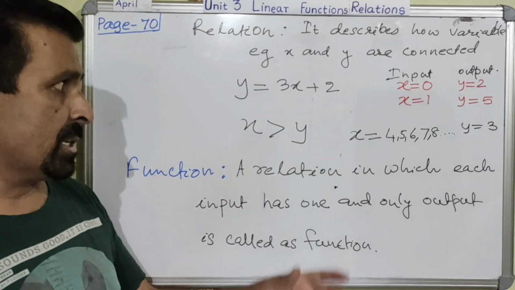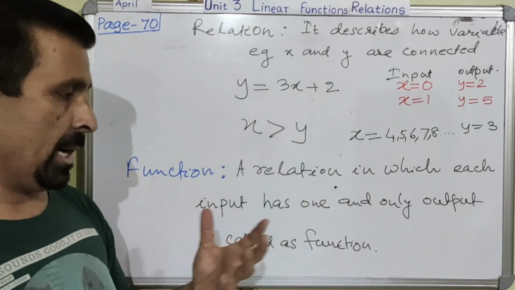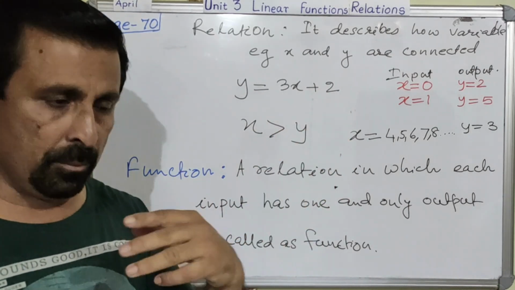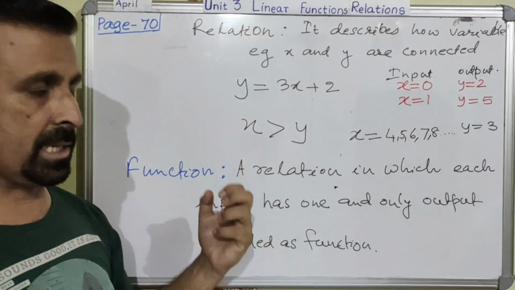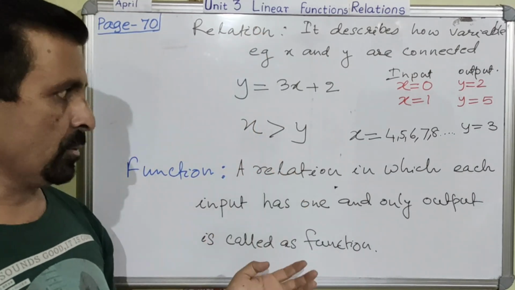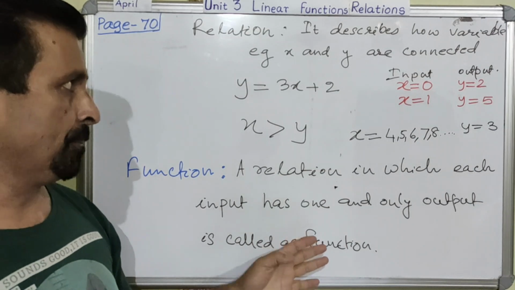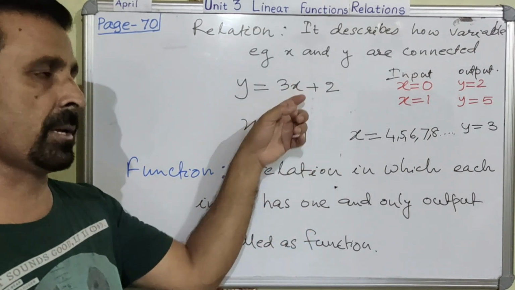So first of all, we try to understand this. We have three different strategies by which we will differentiate the relation from the function, right? So this is one of the strategies. First of all, we are trying to understand this in terms of equation.